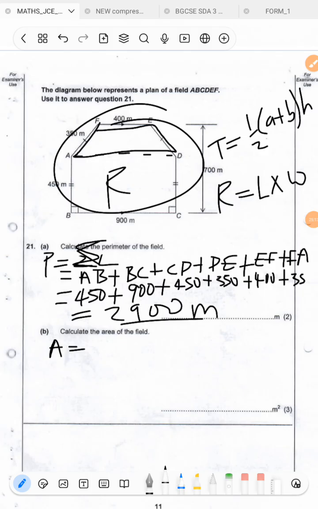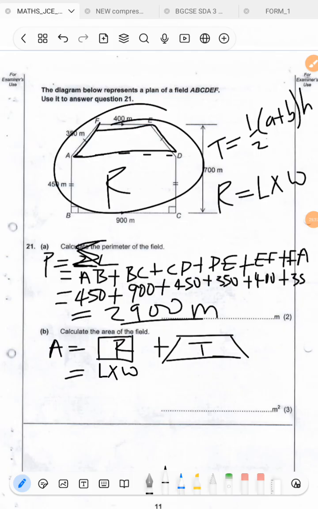All right, so that means our area is going to be equal to the rectangle plus the trapezium. So how do you get the area? It's length times width plus half a plus b times height.